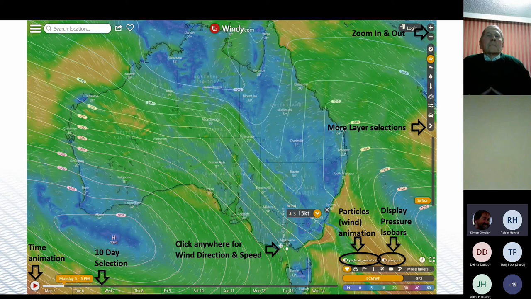So it's a bit different to the other services you find, but you can play it down the bottom and you can get a good sense of what happens. Right, and the other thing is it's a 10-day selection, and once you get the hang of isobars and so on, you can move out to 10 days and look at the isobars a bit further on and get a very rough idea of what it might be coming after the 10 days.